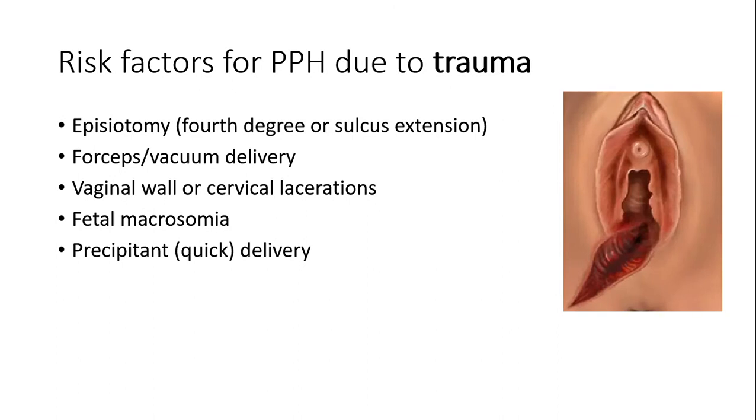The risk factors for trauma and PPH after low genital trauma are episiotomy, usually fourth degree episiotomy or perineotomy, forceps or vacuum delivery, vaginal wall or cervical wall lacerations. Trauma also may be due to fetal microsomia and because of the precipitant, very quick delivery.